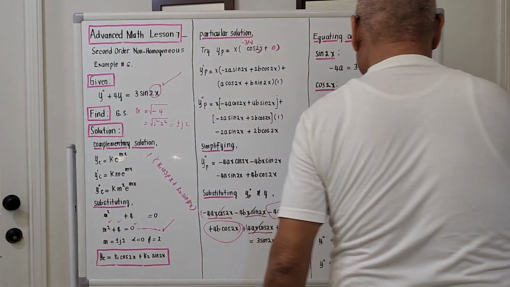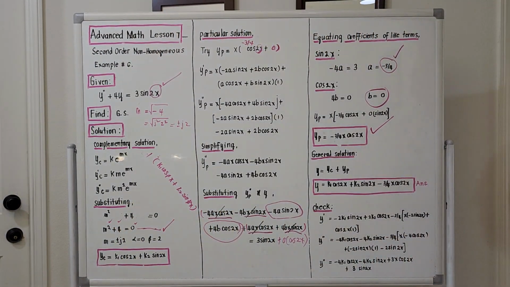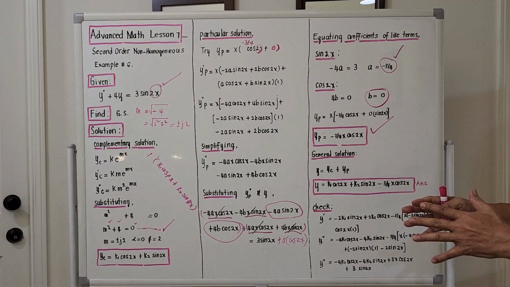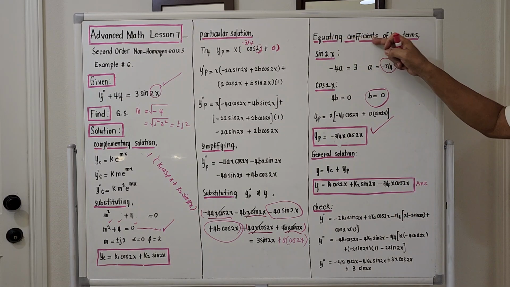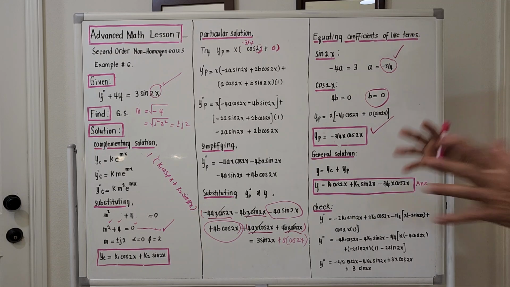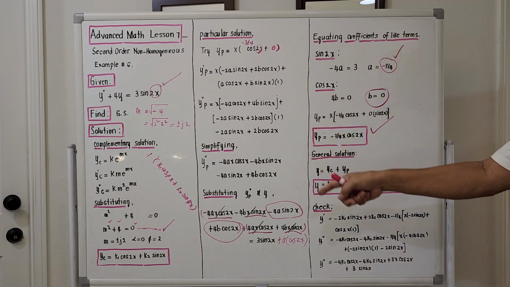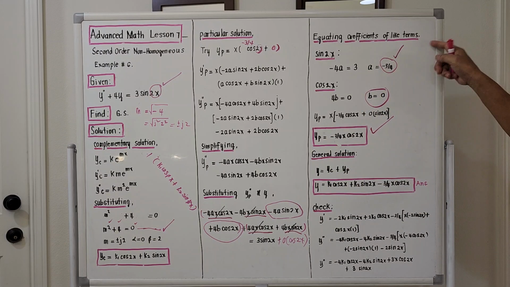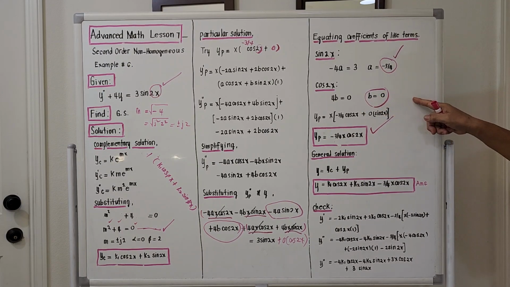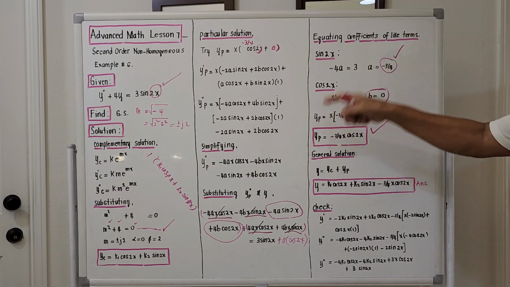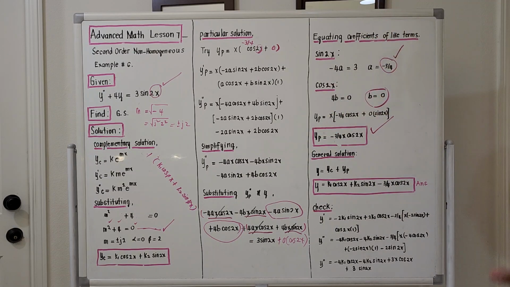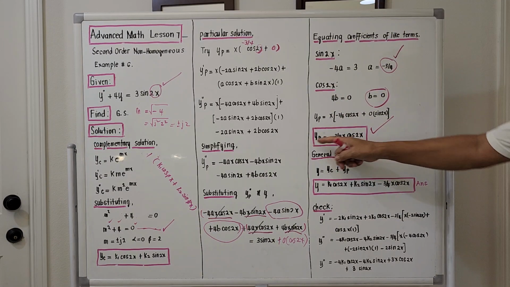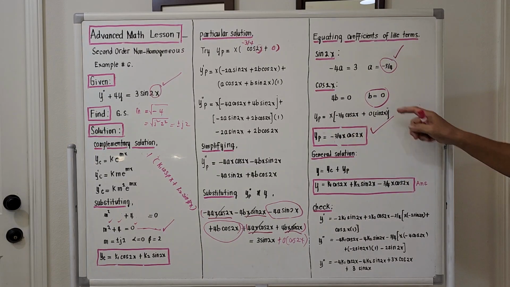That's the particular. There is no unrealistic thing if we try to equate coefficients of like terms. But if there is an unrealistic thing, our assumed particular solution is wrong. But since a is a real thing and b is a real thing, the assumed particular solution is correct.